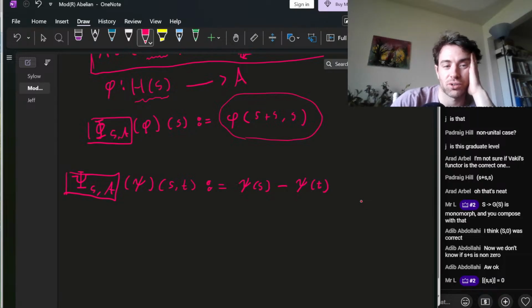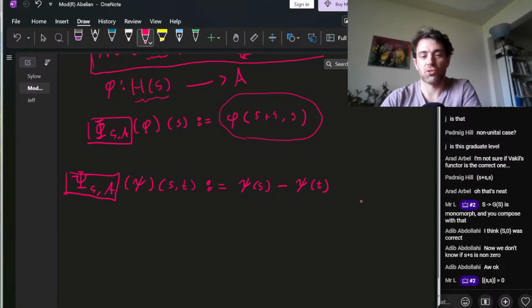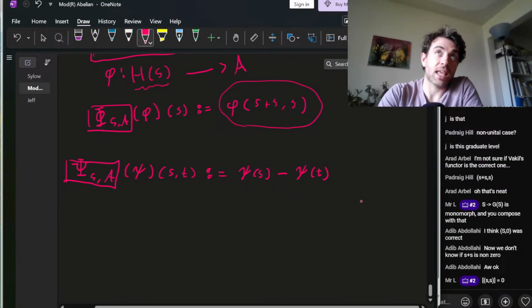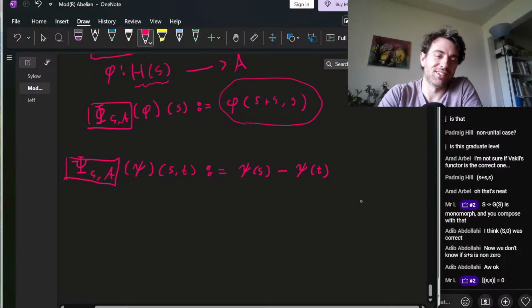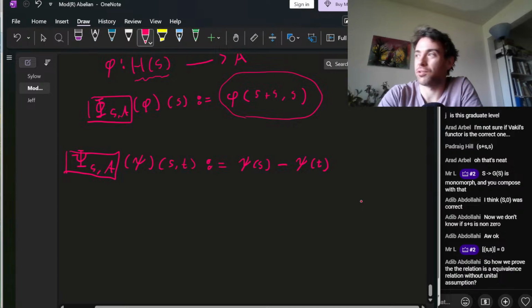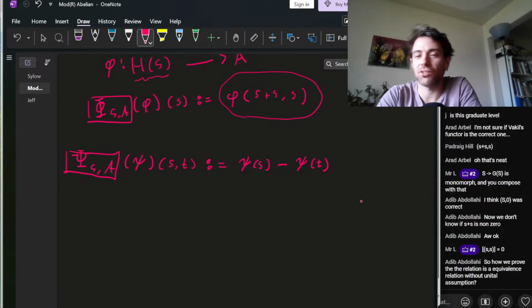You just need to show that both of these are homomorphisms in the appropriate sense, and that these are inverses to each other. And then you need to show naturality. So it might actually be easier to provide the units and co-units in this case. I don't know. It's always the same amount of work in the end, usually.